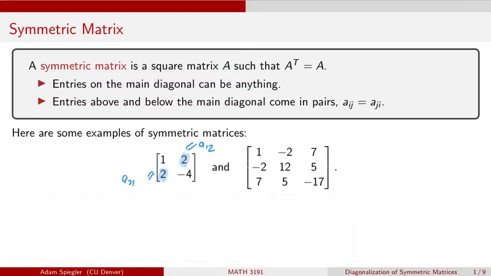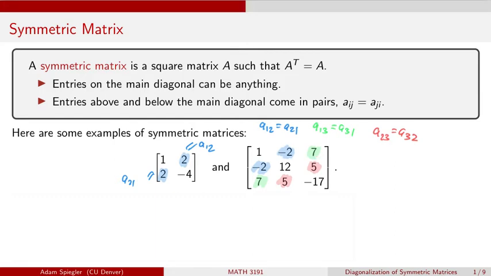The next 3x3 matrix, where the first column is 1, minus 2, 7, then minus 2, 12, 5, and 7, 5, minus 17 as the last column, is also a symmetric matrix because each of these entries comes in pairs. A12 equals minus 2, and A21 is equal to minus 2.